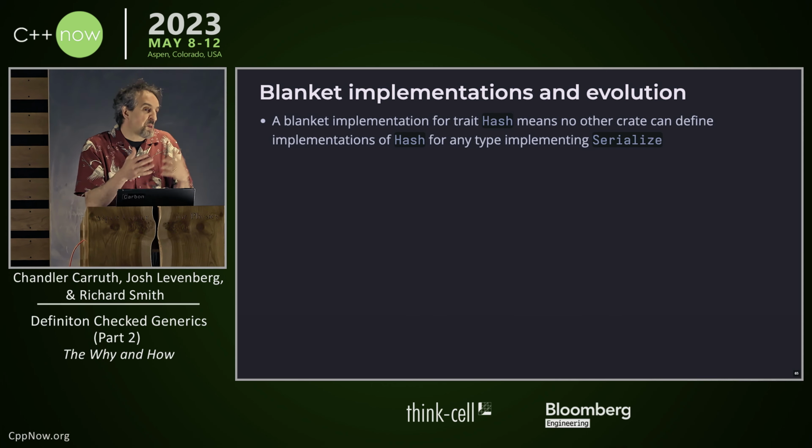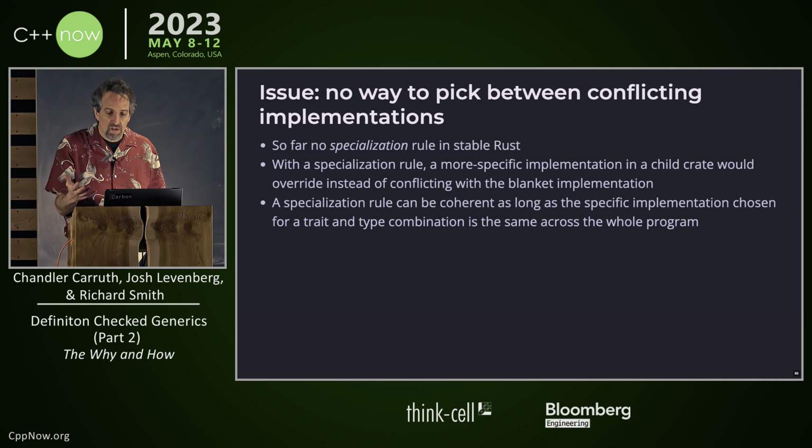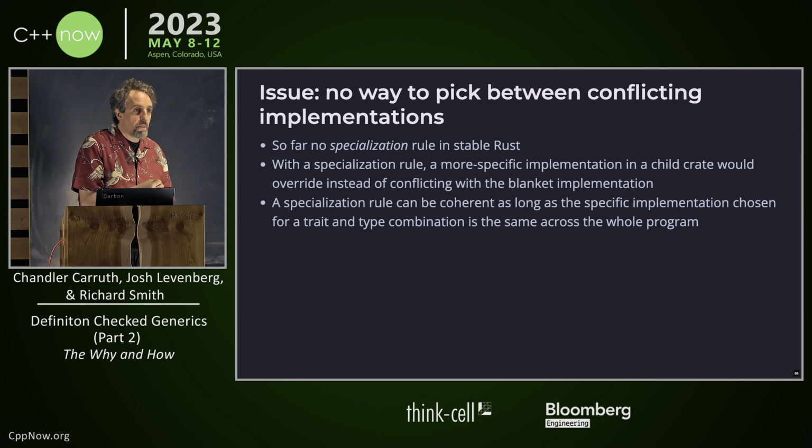The root cause of these problems is that Rust has no way to resolve conflicts between implementations. If there was a specialization rule, then maybe we could solve some of these conflicts.